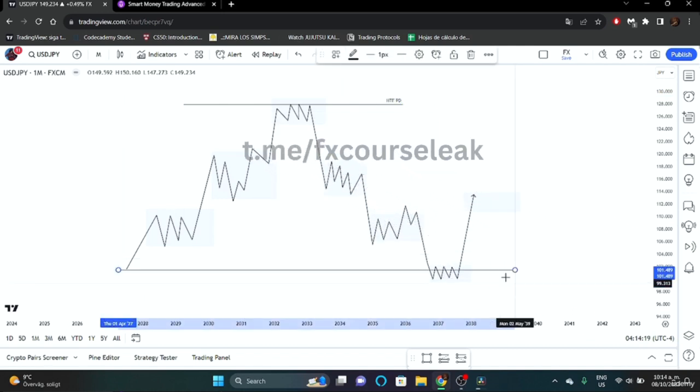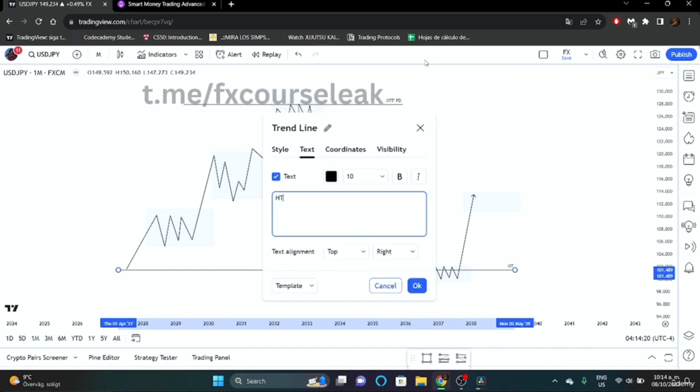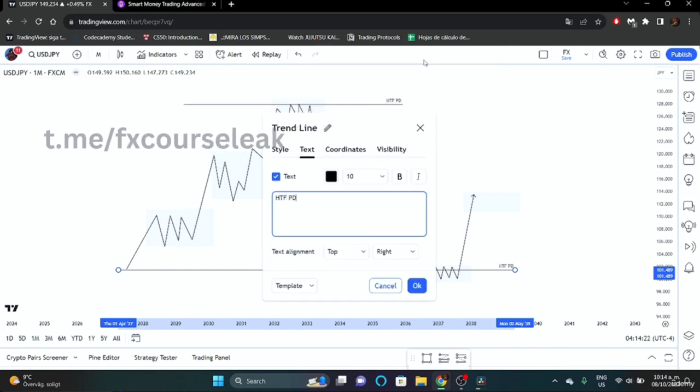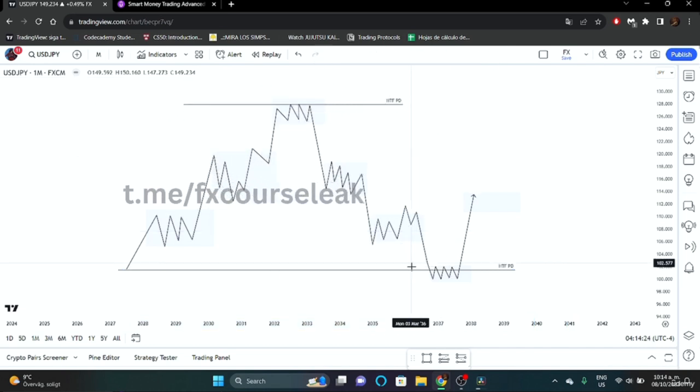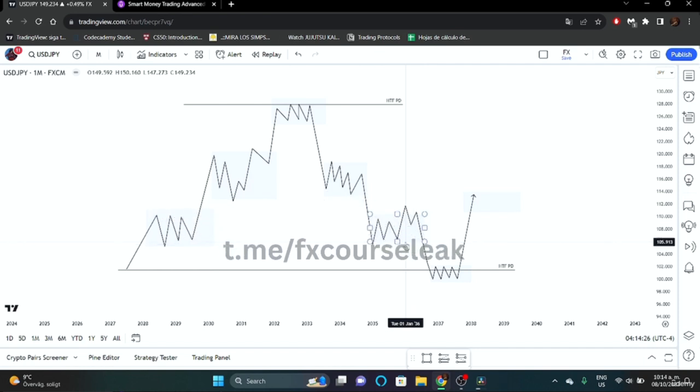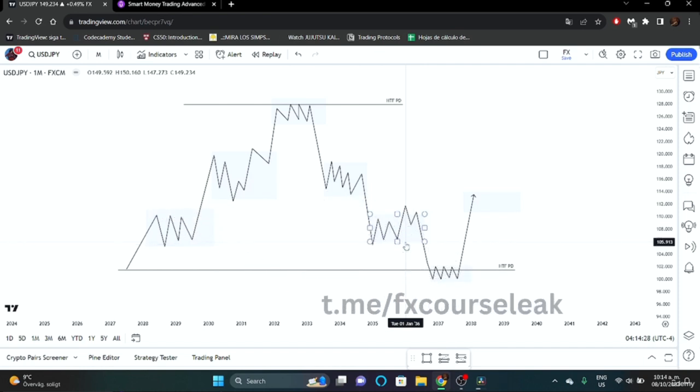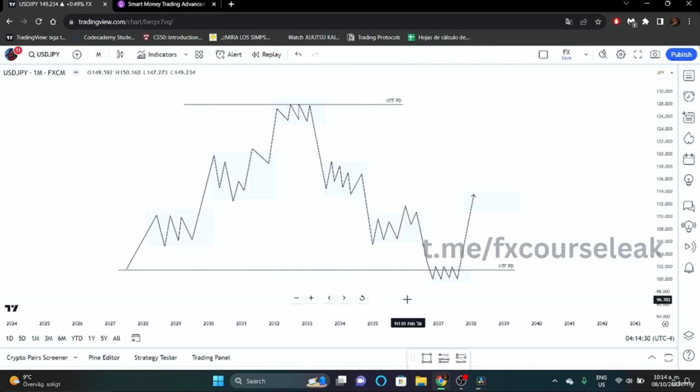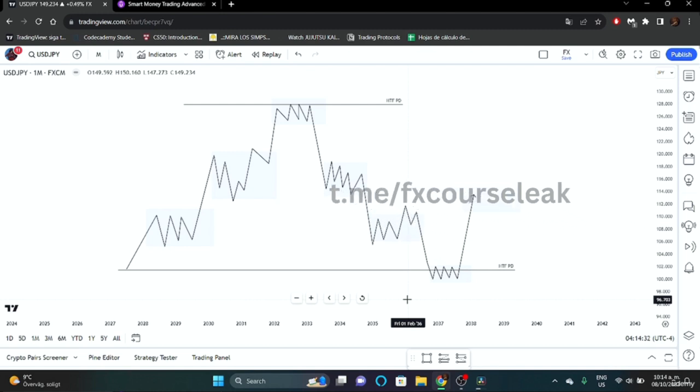Same thing over here. We can expect price to do a reversal, short term or long term, depending on the time frame we're looking at, because this is fractal on every single time frame.